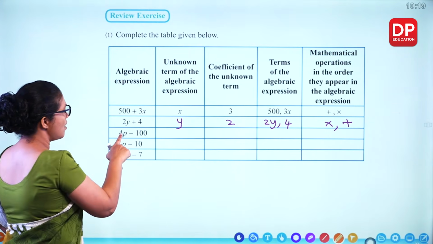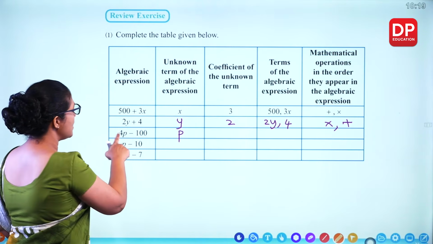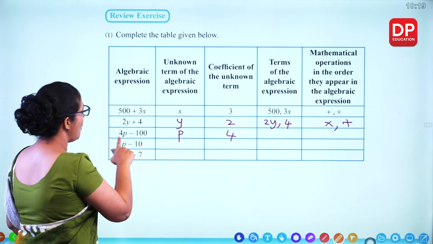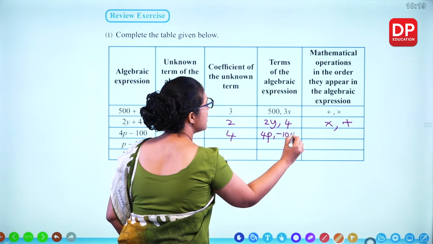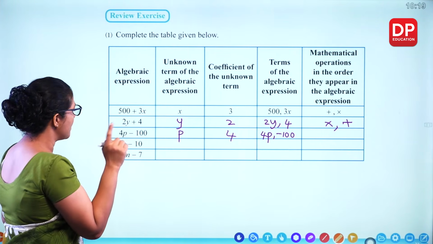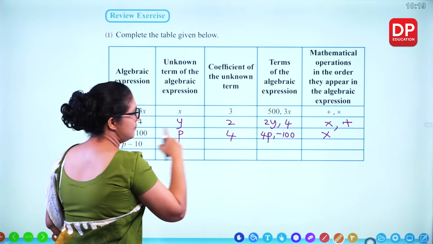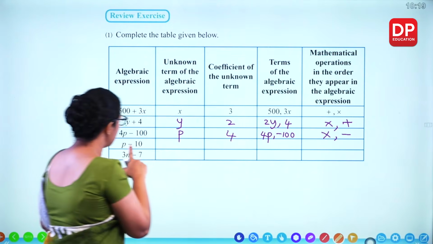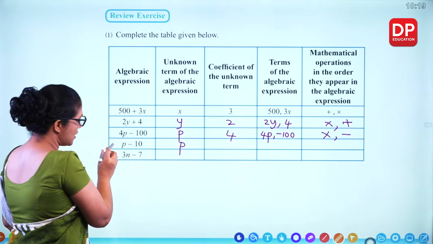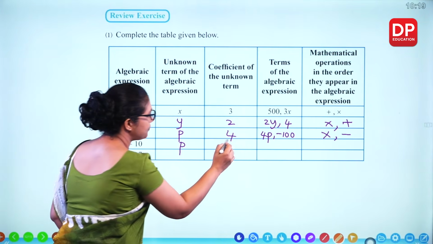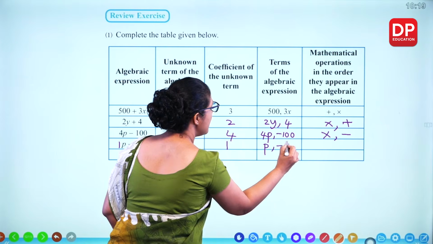Next one, what's the algebraic letter? P. Coefficient 4 and terms 4p and minus 100. And the operation 4 times p, that means multiply and then subtract. This one, p is the letter. Coefficient, nothing means 1. Terms, p and minus 10.